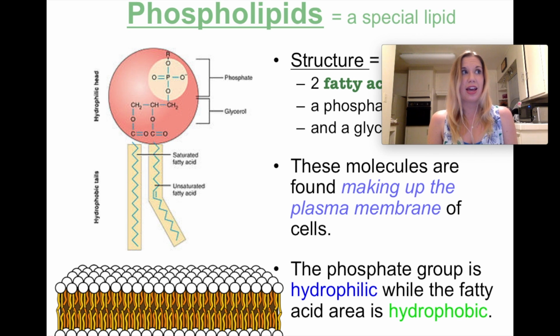It's going to enjoy interacting with the watery, liquidy environment of the cell, whether it's inside or outside. So it's kind of a symbiotic relationship. They're basically doing each other a solid, and so they're both very happy. The fatty acid tails are away from the water, and the phosphate heads are towards the water. So everybody's happy.